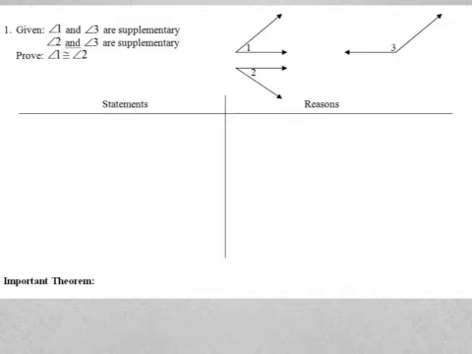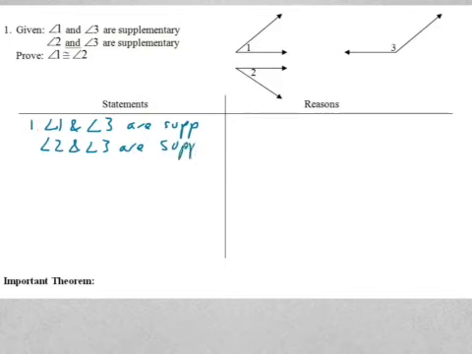When writing a mathematical proof, we always begin with the given information. That is always our first statement. So I'll put down our given information: angle 1 and angle 3 are supplementary. Notice that I am abbreviating. Angle 2 and angle 3 are supplementary, and the reason is that's what we're given.